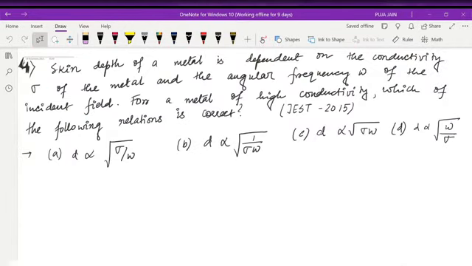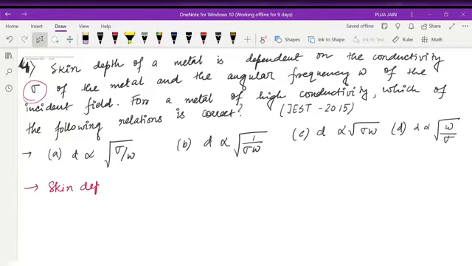So our next question says that the skin depth of a metal is dependent on the conductivity sigma of the metal and the angular frequency omega of the incident field. For a metal of high conductivity, which of the following relations is correct? Okay, before that we need to know what skin depth is, right?